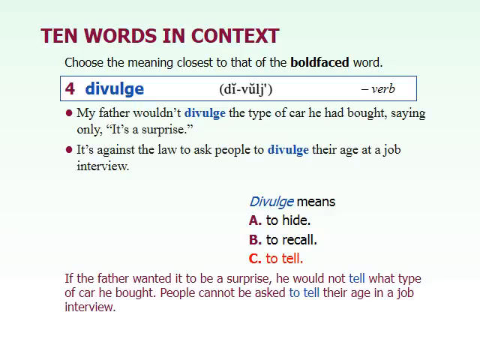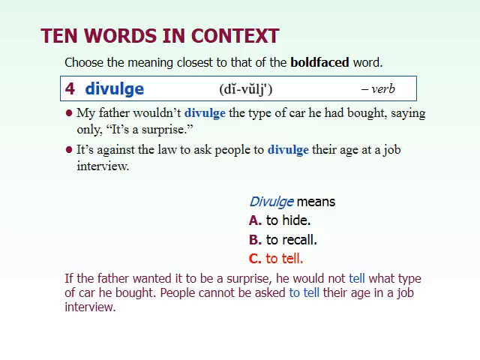That maybe is not something that you would want everybody to know. So in the first example, he wouldn't divulge the type of car. He's not going to tell them what type of car because he doesn't want them to know, because he wants it to be a surprise.